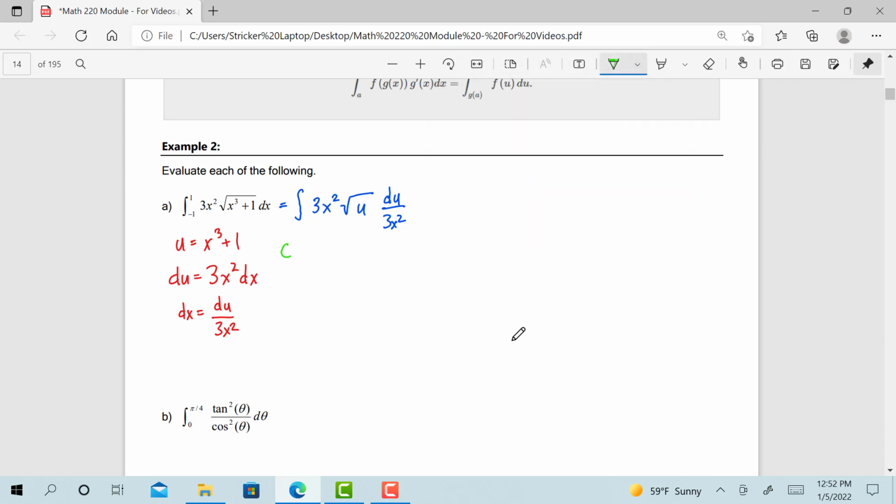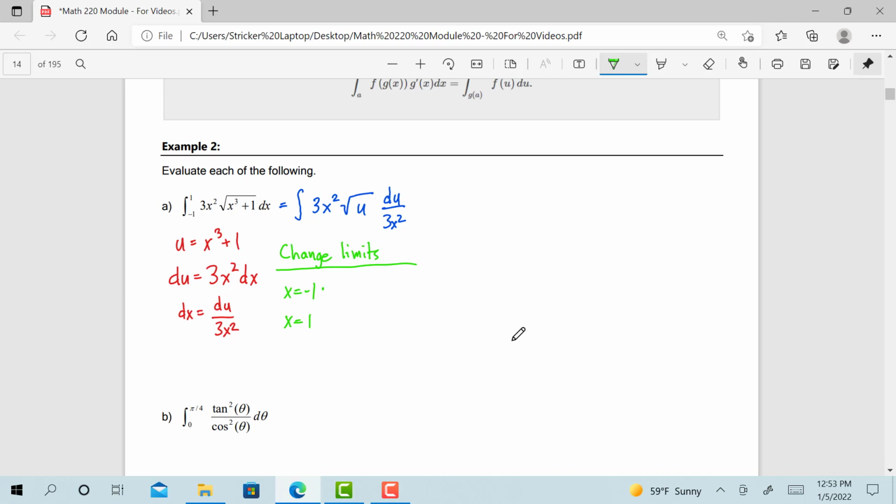And then to change the limits, we're going to use that u function that we had. So it looks like this. Our limits were x equals -1, that was the lower limit right here, and then x equals +1 is the upper limit.